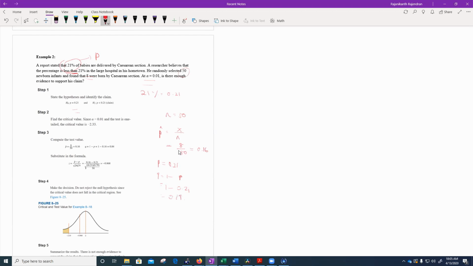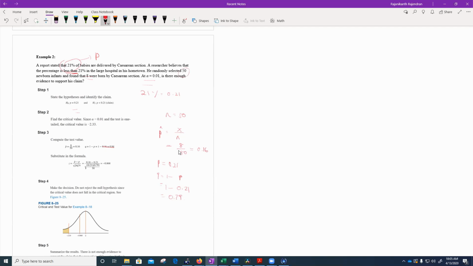I believe this is not correct, because your p was 0.21. I'm talking about the q. The q should be 0.79.